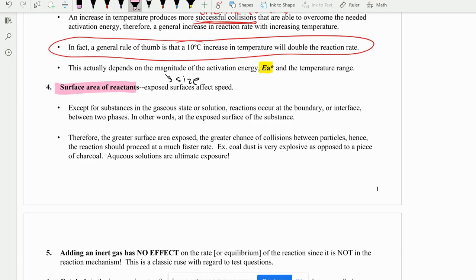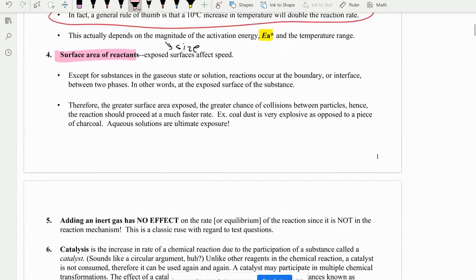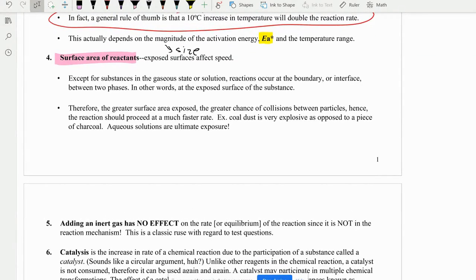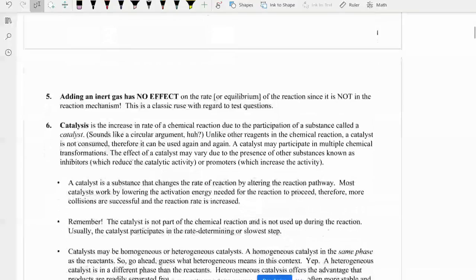And you guys know that for an explosion to occur, we need oxygen. And so the fine dust particles of coal can interact with the oxygen molecules in the air and become very, very explosive. Now, you would not see that happen if you just had a chunk of charcoal that you set there. You can keep that out all day and nothing would happen. So anyway, surface area will, in fact, increase the rate of a reaction.